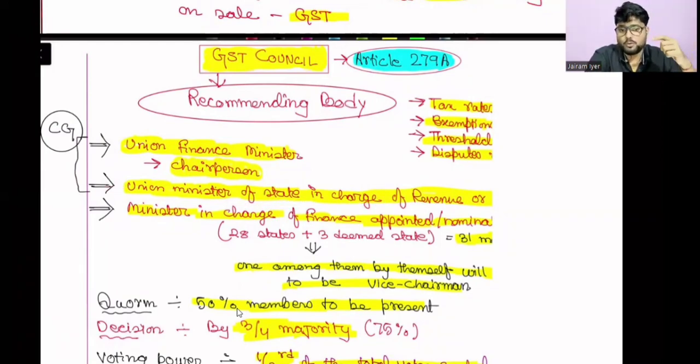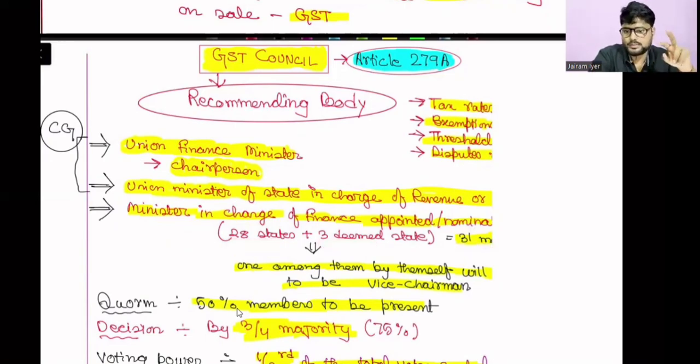And after that, the Minister in charge of Finance, appointed or nominated by the states. So how many ministers will come together? 28 ministers of 28 states plus 3 deemed states. So 31 members belong to different state governments.